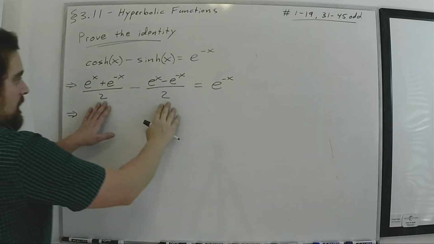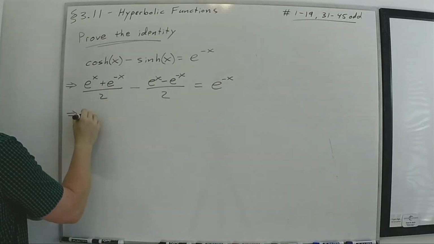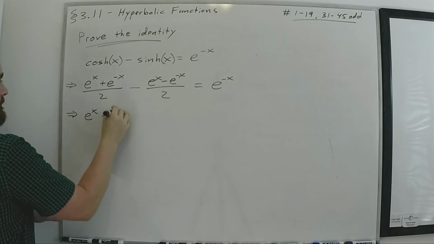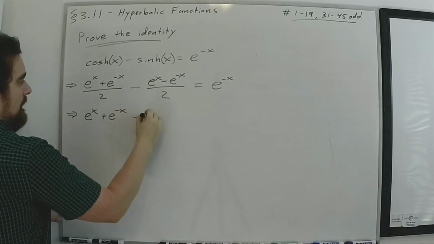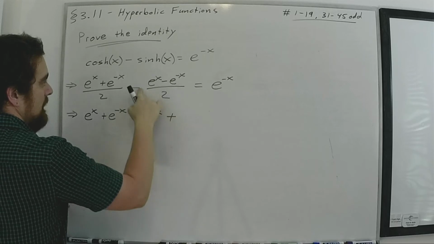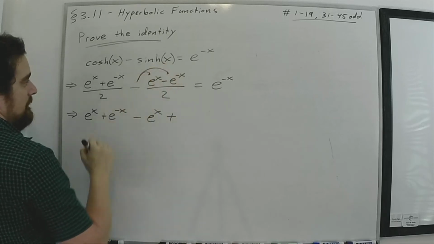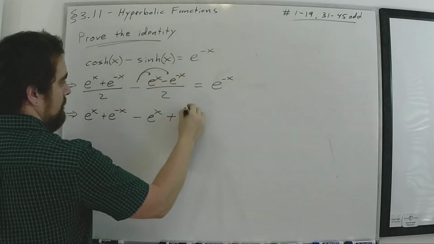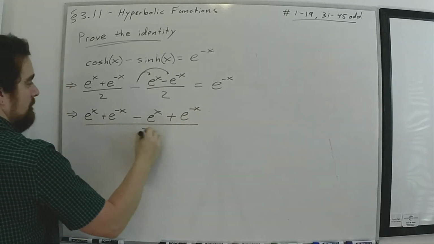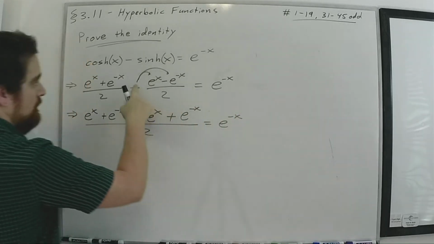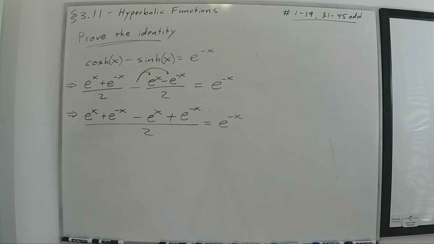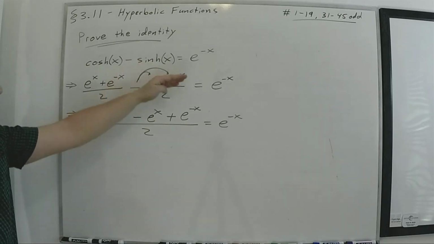All right, these have a common denominator. Let's get them together. e to the x plus e to the negative x minus e to the x, minus is a plus. Remember, you're subtracting everything in that numerator, not just the first term. So make sure you subtract that entire rational expression, i.e. distribute, distribute.